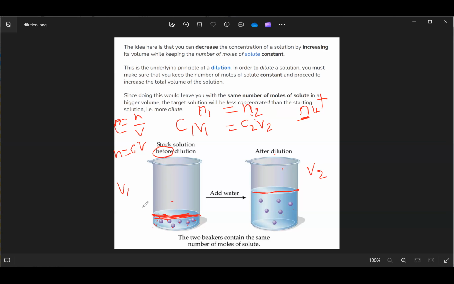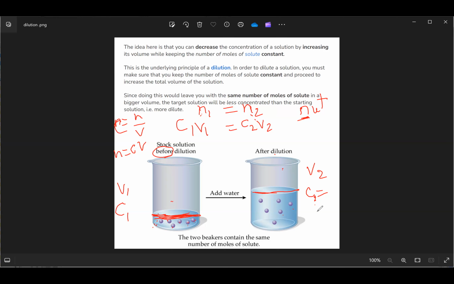This has a concentration. It's very concentrated. Always, before dilution the concentration is higher. After dilution the concentration will be less. Did you understand it? Yes.